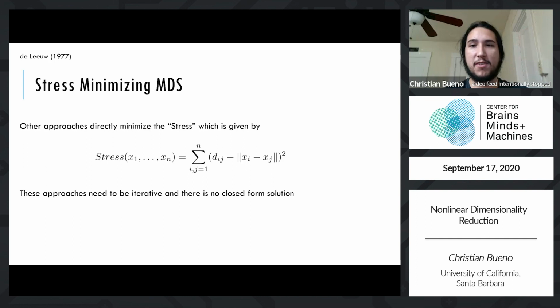It's not a convex thing, so you're just going to have to do it iteratively, getting better and better solutions until eventually you settle. But one nice thing is that this is more intuitive as to being good, because you're actually trying to make the interpoint distances be the distances you were prescribed.